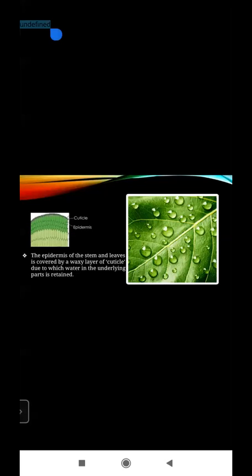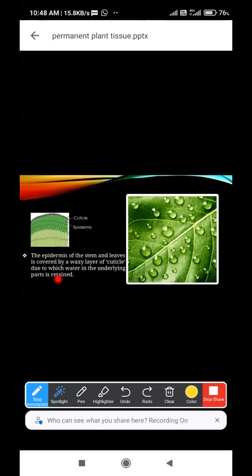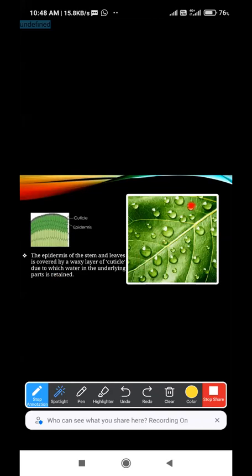Above the epidermis, as I said, there is a waxy coating because of which the leaves appear to be shiny. And even when we put water on the leaves, we can get droplets of water, as you can see in this picture. Even in the winter season or the rainy season, we can see such water droplets arranged on the leaf.